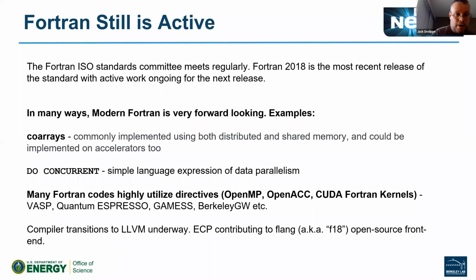One, of course, is co-arrays, which is commonly implemented using both distributed and shared memory, and could potentially be implemented on accelerators too. Another forward-looking feature is do concurrent. This is a way to express parallelism right in the language itself.